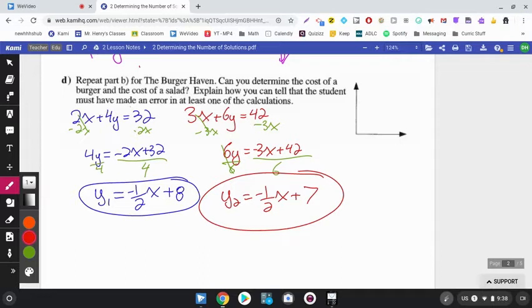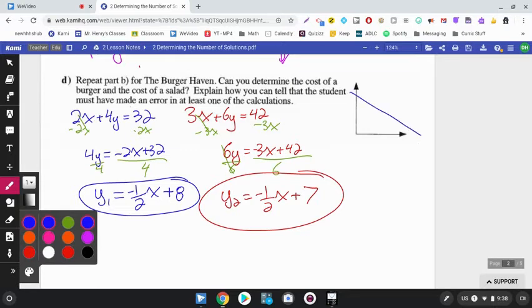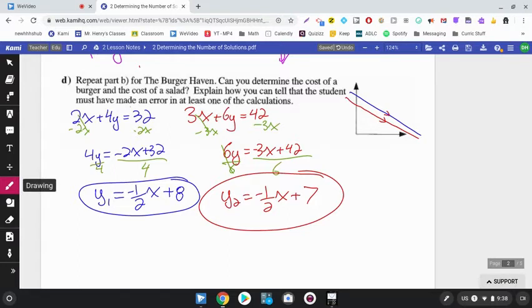Okay, oops. Let me draw them. There's the first one. There's the second one. And I'm going to put these little arrows saying these are actually parallel lines. Okay. Same slope.